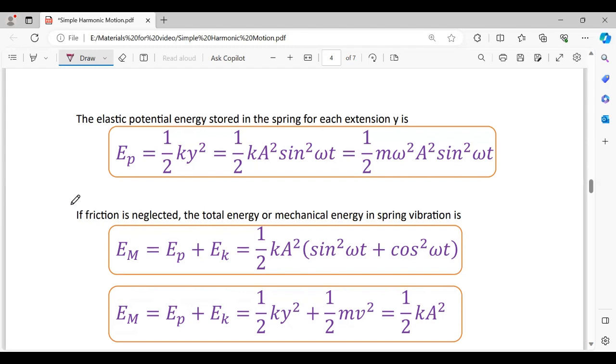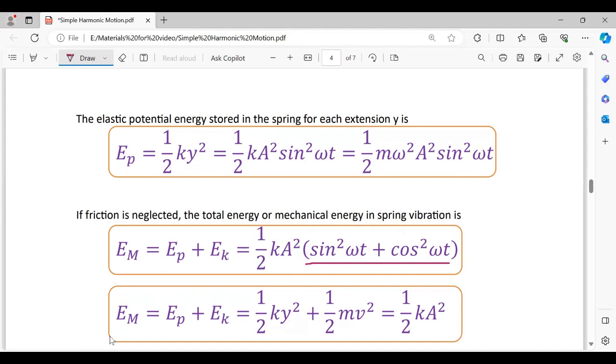Now, if friction is neglected, the total mechanical energy in spring vibration is the sum of potential energy and kinetic energy. So E equals EP plus EK equals half k a squared times sine squared omega t plus cosine squared omega t. In mathematics, these terms equal 1.